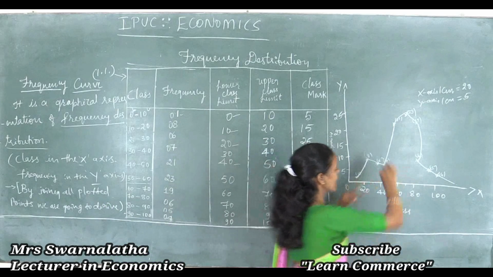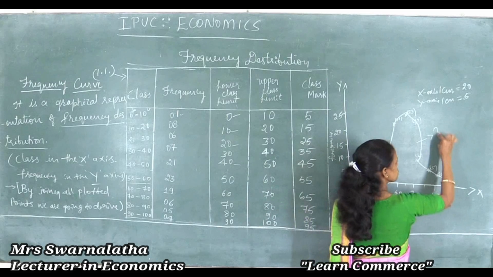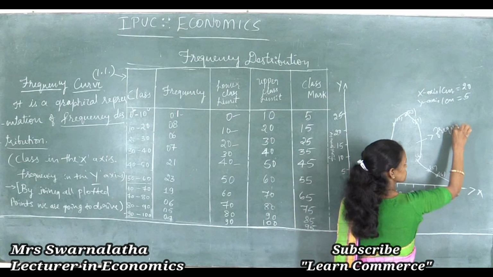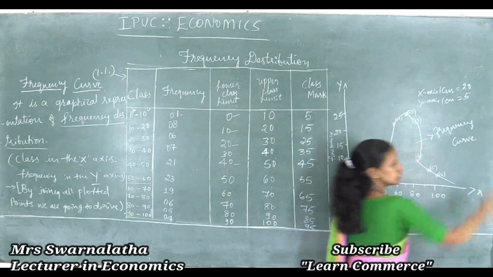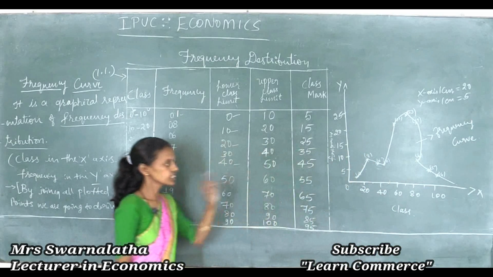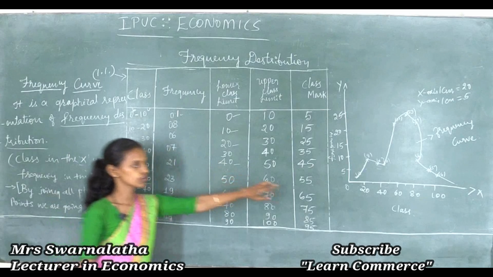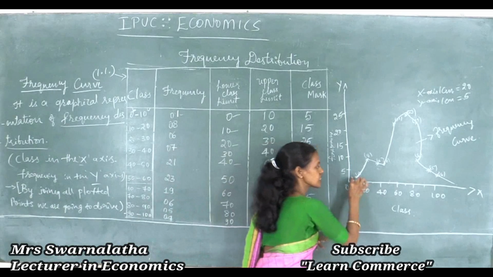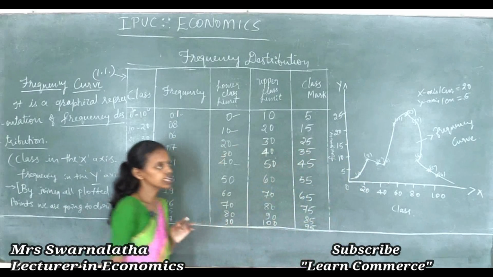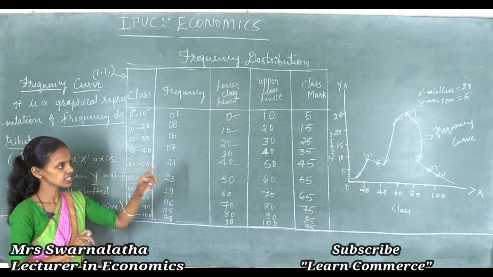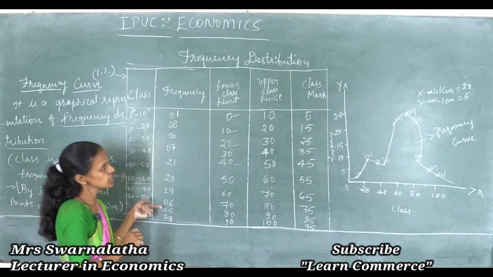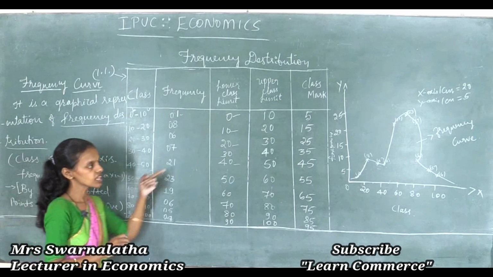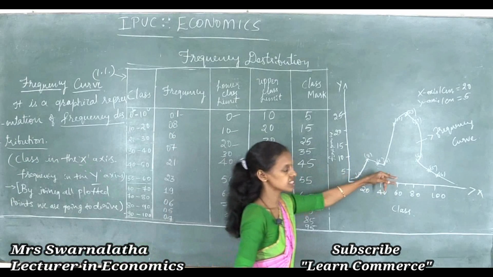This smooth freehand curve is said to be the frequency curve. It is a graphical representation of a frequency distribution. Now you can see the curve drawn with the help of frequencies and class intervals.